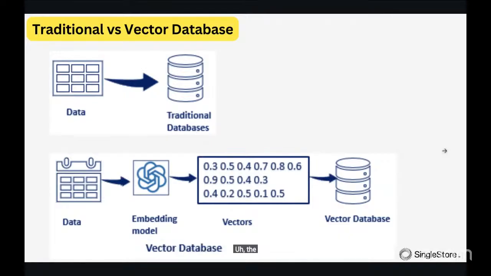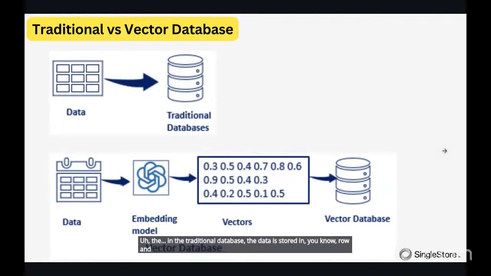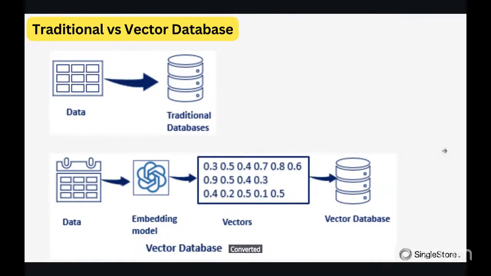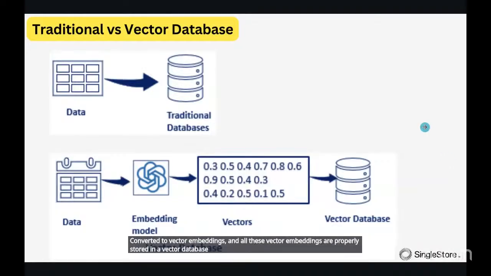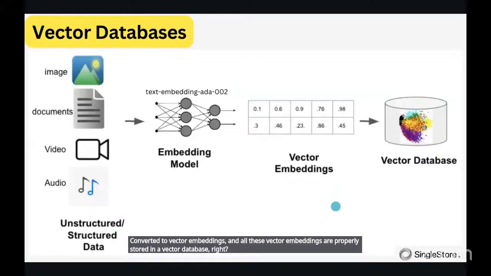And the difference between traditional and vector databases: in a traditional database, the data is stored in row and column format, whereas in a vector database, the data first gets converted into vector embeddings, and all these embeddings are stored in the vector database. This is a simple example: structured and unstructured data goes through an embedding model, like the text-embedding-ada-002 from OpenAI.